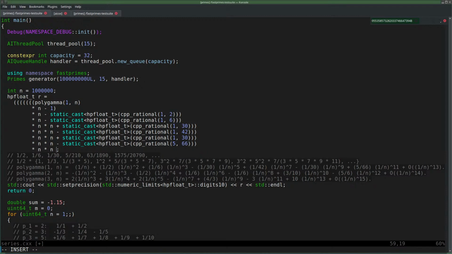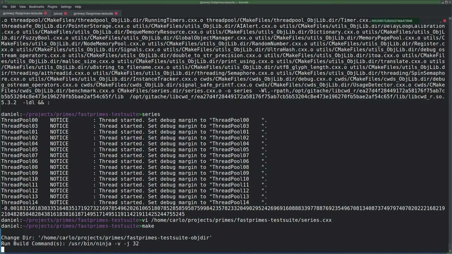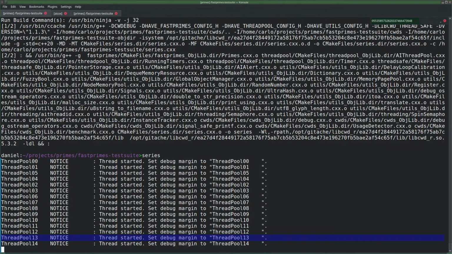So I'm going to multiply this with 2, and then by 3, and then by 5, and then by 7, and then by 9, and then by 11, and then by 13. And that should give me this number, with hopefully a lot of zeros after the dot.